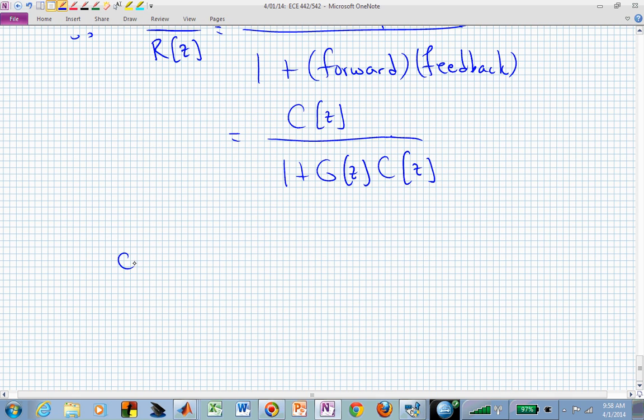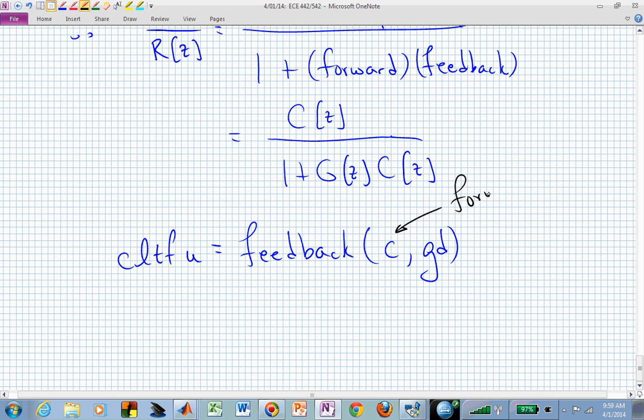Let's now look at the closed loop transfer function that will give us U, and that will be a feedback function in MATLAB where the forward gain is our controller and the transfer function in the feedback path is our discrete system G of D. So this is our forward transfer function, and this is our transfer function in the feedback path.